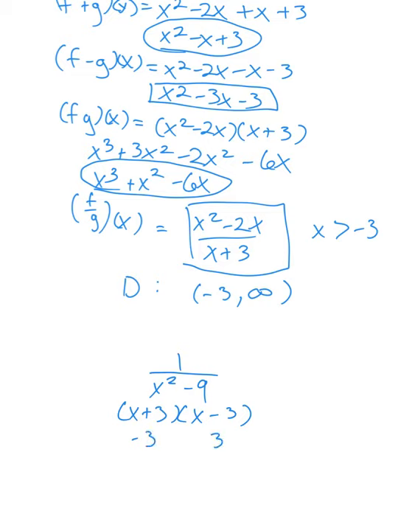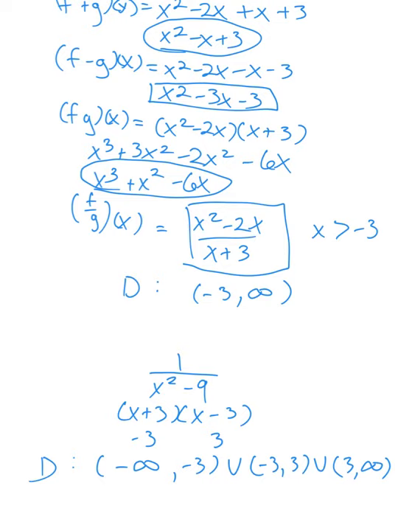So if we were to write that as a domain, we would say from negative infinity to -3, union between -3 and 3, and then a union 3 to positive infinity. The parentheses saying it goes up to that point, doesn't equal it. So that is how we would write the domain for such a function.